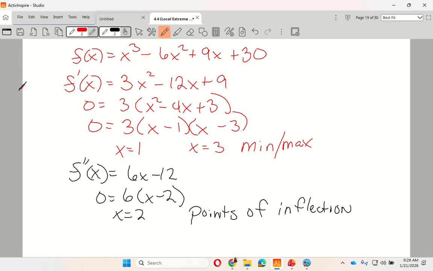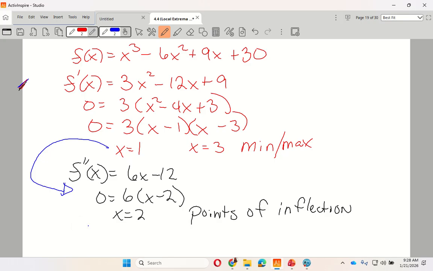All right, so points of inflection. So I'm going to take the information from my first derivative. I have a min and max, but I don't know which is which yet. So I'm going to plug these into my second derivative.